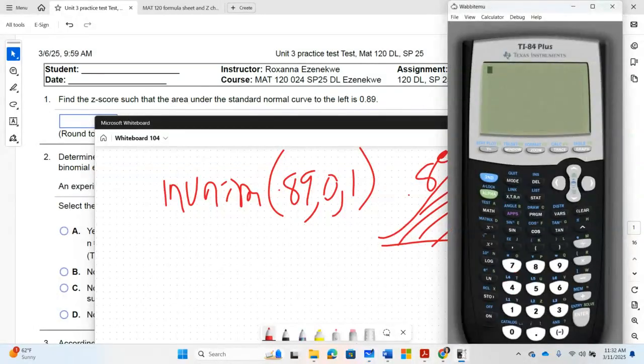I'm going to clear everything. Second distribution, inverse norm is number 3. And the percentile is 0.89, but I have to put it in decimal. The mean of a standard normal is 0, and the standard deviation of a standard normal is 1.